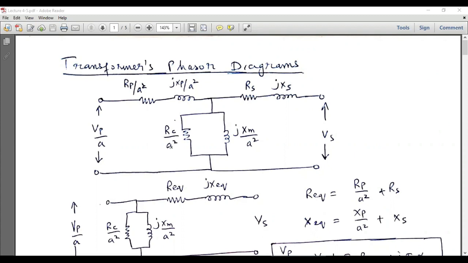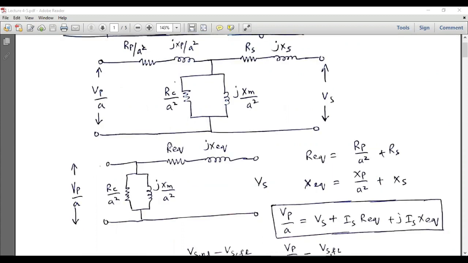So, the approximate equivalent circuit of the transformer can be drawn by shifting this magnetization branch towards the left side as shown in this figure. By doing so, we can add these primary and secondary resistances and reactances, because these components will be in series.